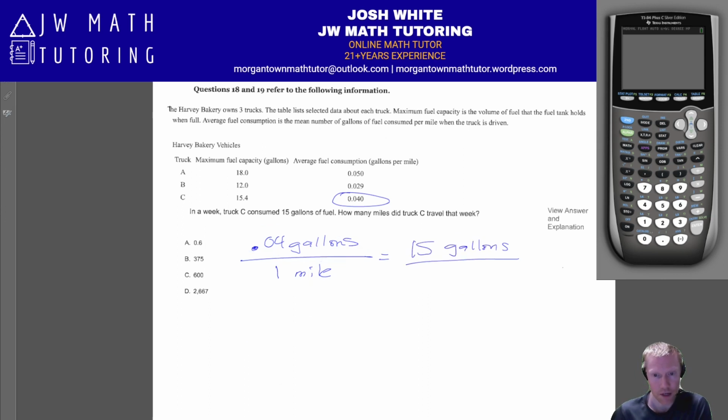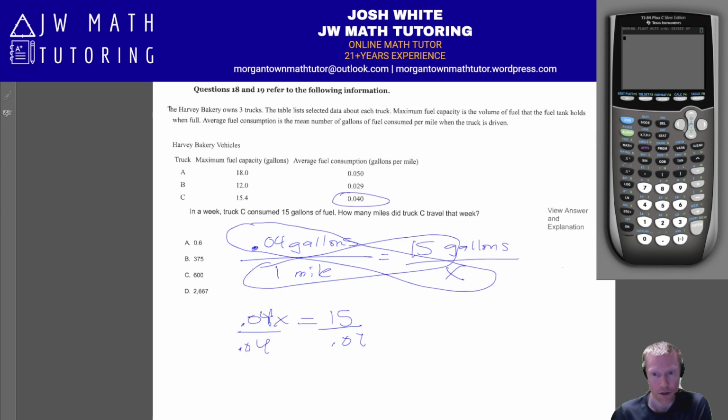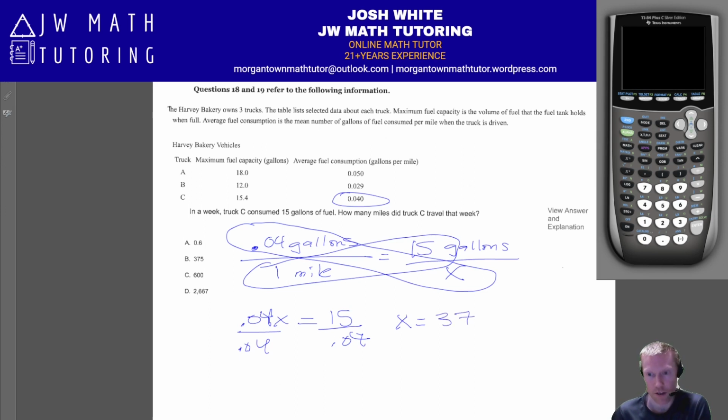Now for the final step, we could just divide by 0.04 on both sides, and this we would just obviously do on a calculator. So the correct answer should come out to 375 miles. So the correct answer is letter B.